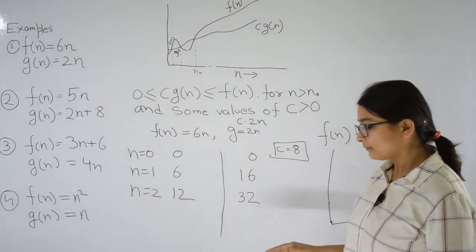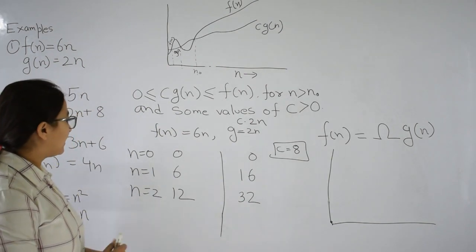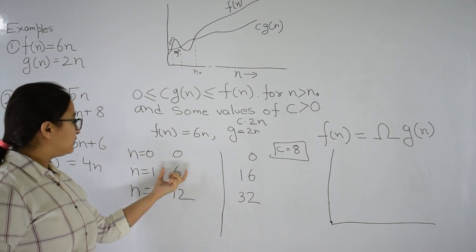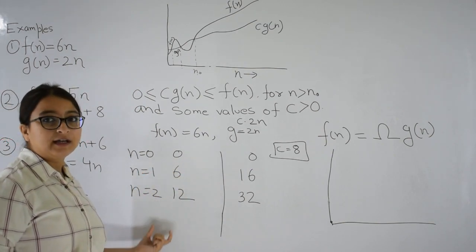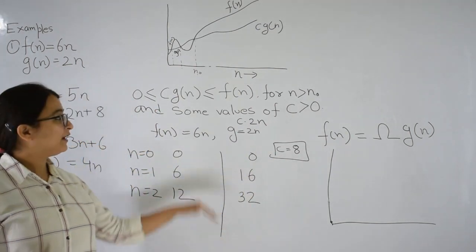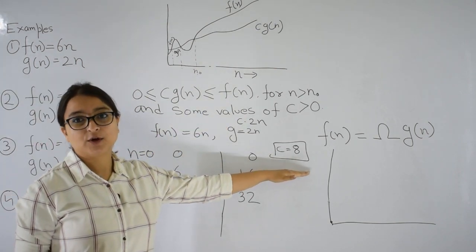Okay. So similarly here in this example, at n is equal to 0, they are both giving the same values. But at other values of n, like n is equal to 1, n is equal to 2, n is equal to 3, this example at c is equal to 8 is not satisfying our inequation. So we will say that this is not satisfied at c is equal to 8.